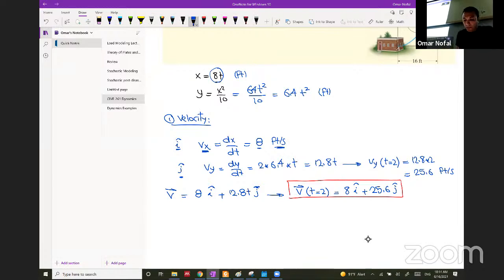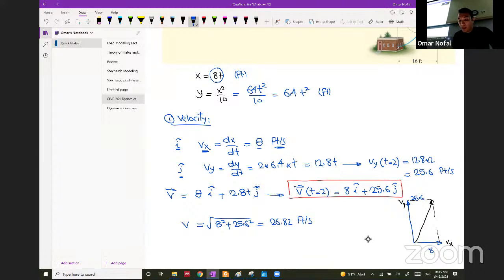The magnitude of V will be equal to, using the Pythagorean theorem, with Vx equal to 8 and Vy equal to 25.6 as the components of the vector V. So we need the magnitude of this vector, which will be the square root of 8 squared plus 25.6 squared. This will give you 26.82 feet per second as the magnitude of this vector.